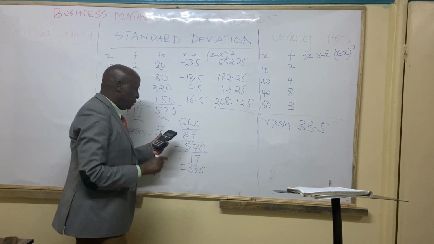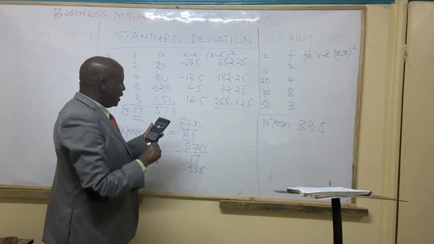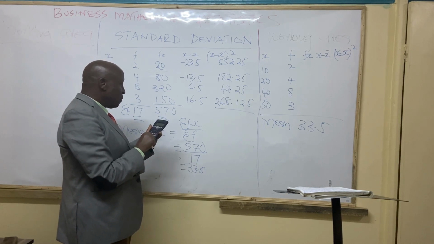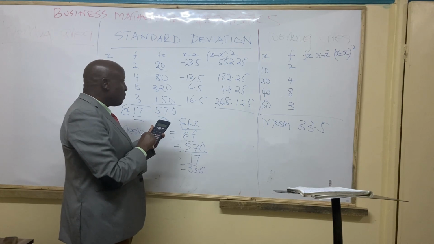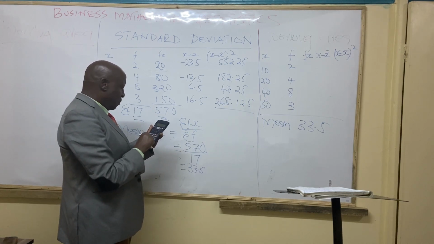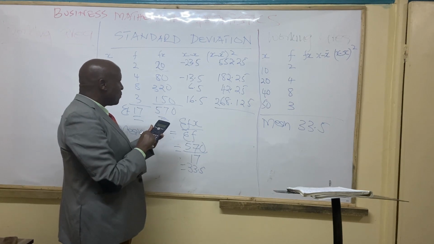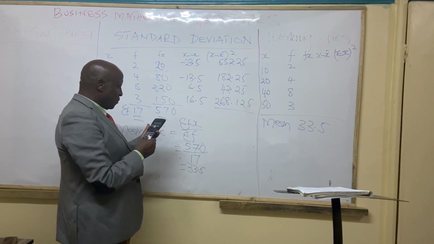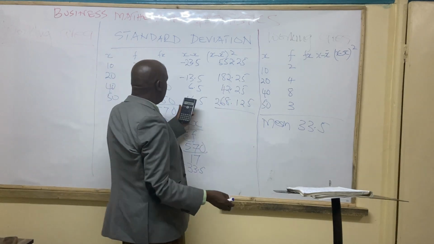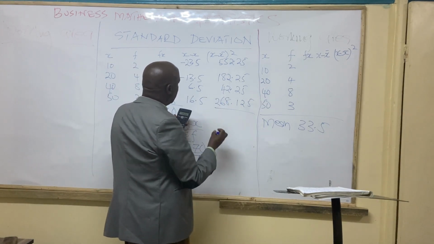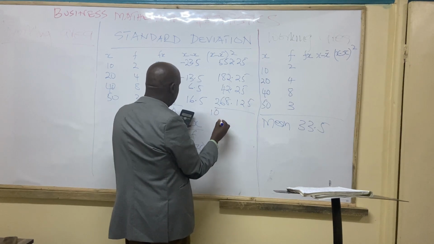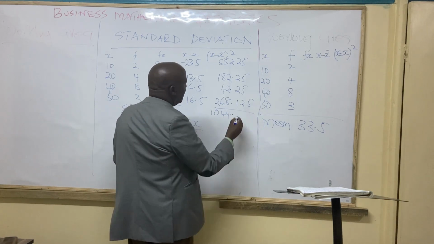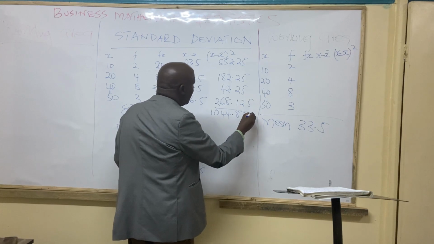Then we add. When we add, the sum will give us 1044.875.